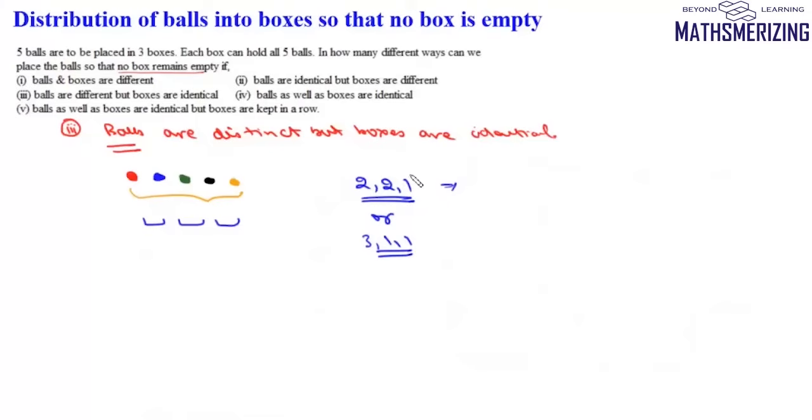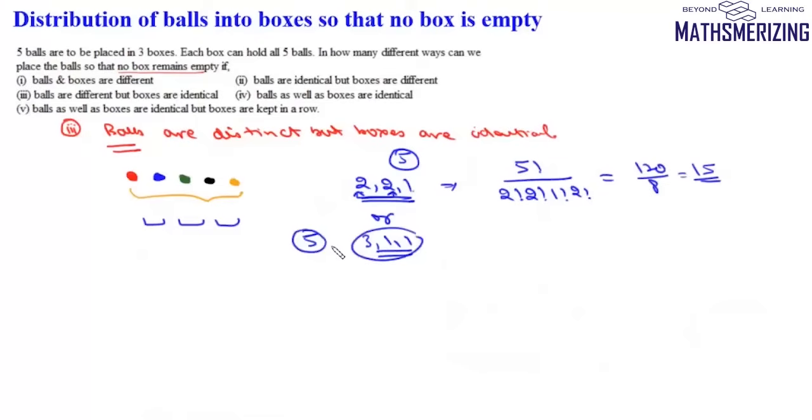How do we distribute 5 objects in groups of 2, 2 and 1? This can be done in factorial 5 divided by factorial 2, factorial 2, factorial 1, and since these two numbers are the same, we need to divide by factorial 2 as well. So it will be 120 divided by 8, which is 15.